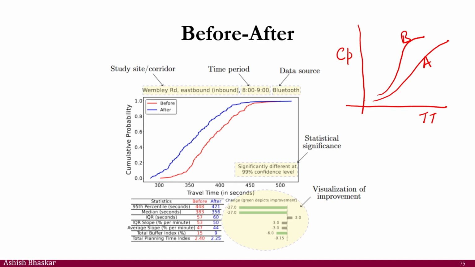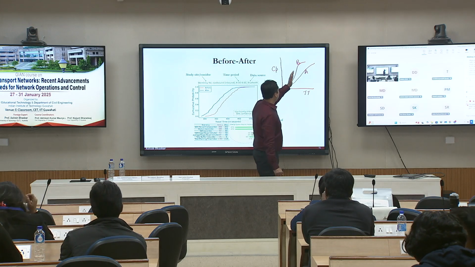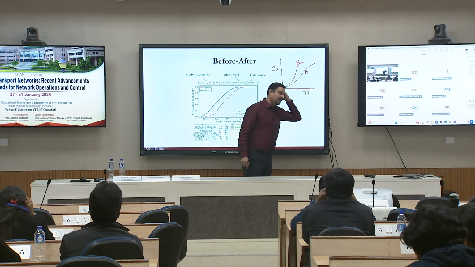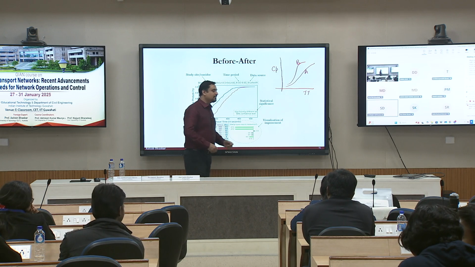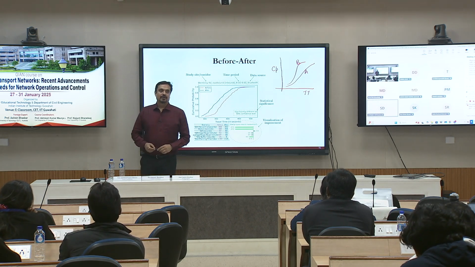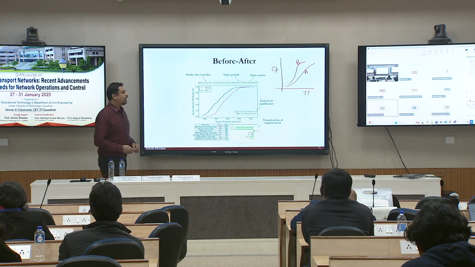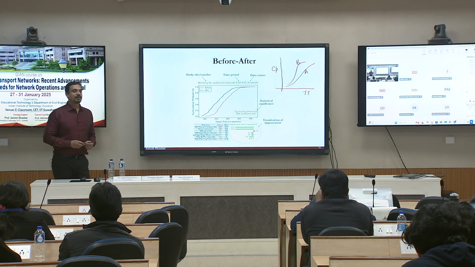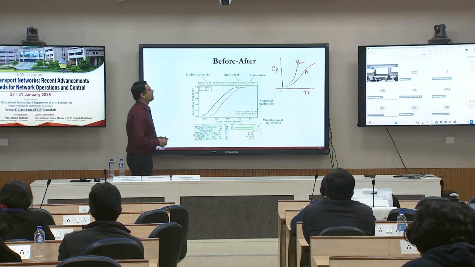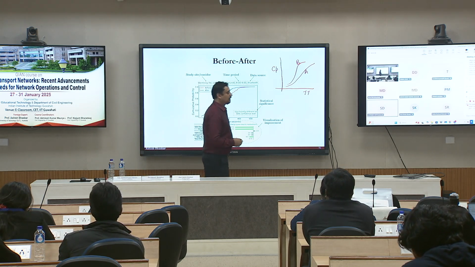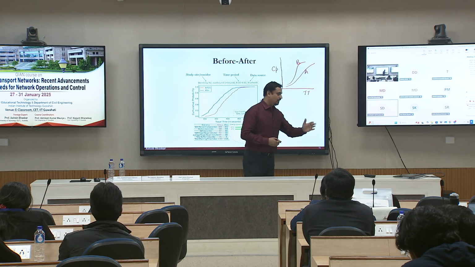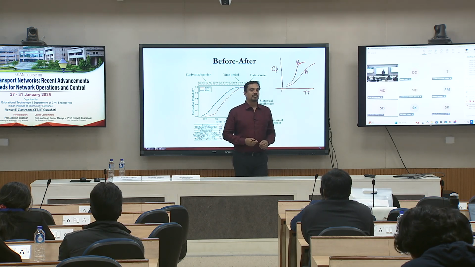It has gone better actually because, so the first one is before, the second one is after. No, it has gone worse, I think. Why? Because after the implementation, the travel time is shifting, as the cumulative probability is advancing.